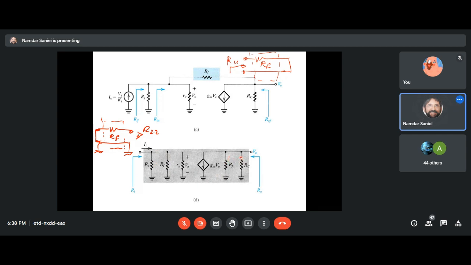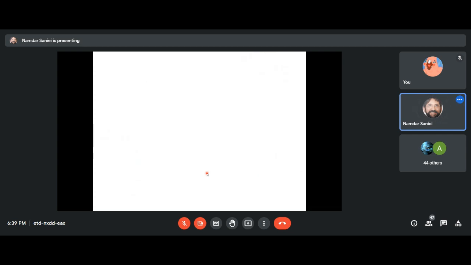So this is what we call the newly formed amplifier, which contains R11 and R22, and we have to find the gain of this newly formed amplifier. So here it is. The gain of it is the output voltage versus input current.